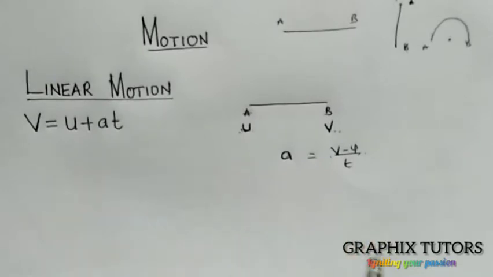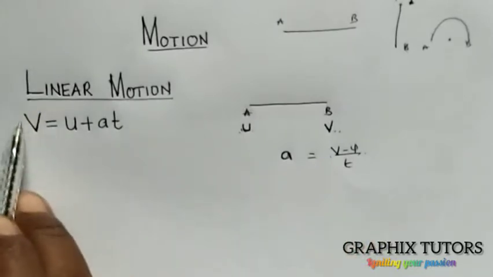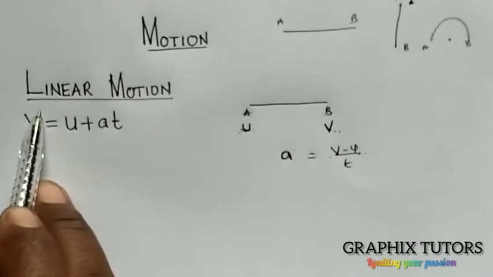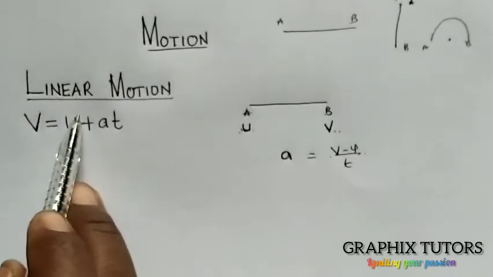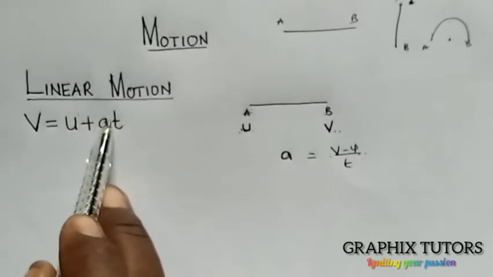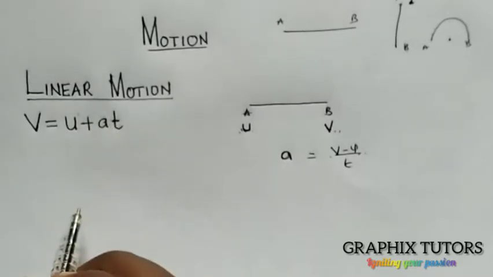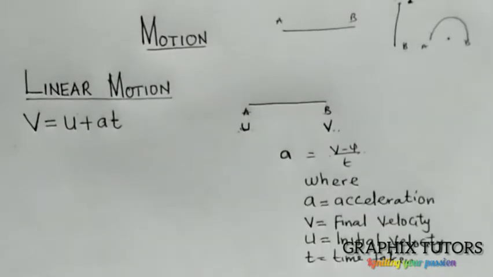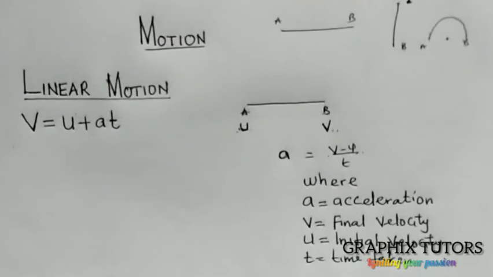Now that means V is final velocity, U is initial velocity, A is acceleration, and T here is time. Right? Now this is our first equation.